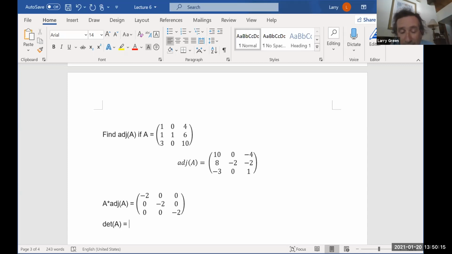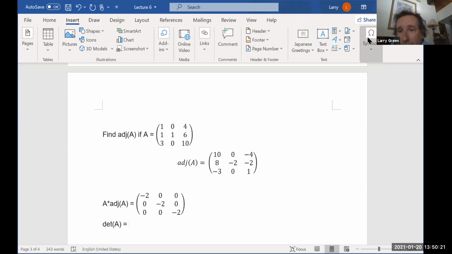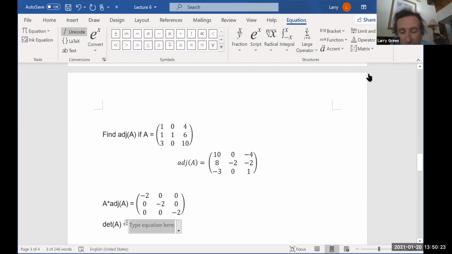So let me do it. Let me write it as an equation. We're going to have a -1 to the 2 plus 2. Notice when I expand on the second column, I don't worry about the first and the third entry.